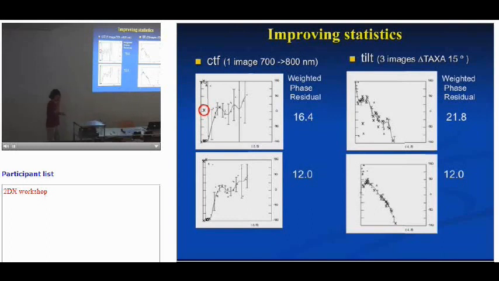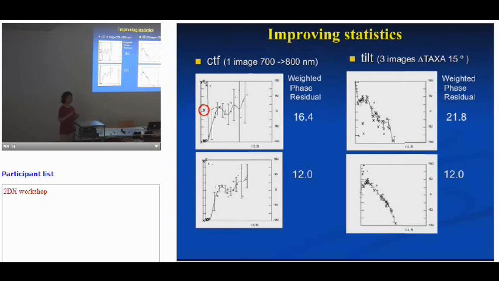And in the other case, this is for tilt refinement. Maybe your tilt angle is a bit off, or your tilt axis is off. Overall it's reasonable, but there are a few that are off. This has to be a small number, because when you are doing this fitting, it's sort of a self-consistent test.